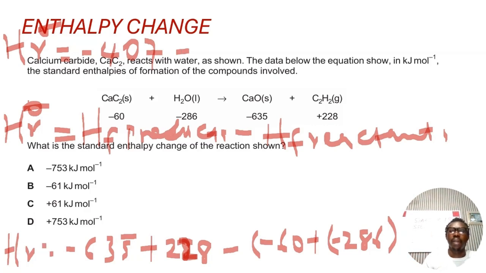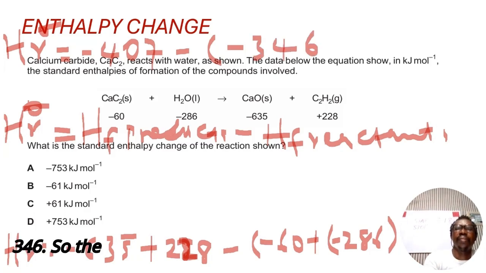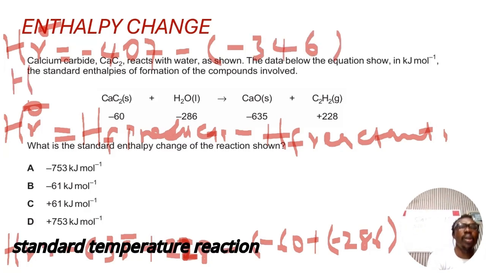Minus, then we have minus 60 plus minus 286. So you have minus, bracket minus 346.